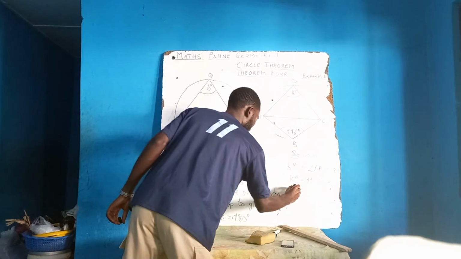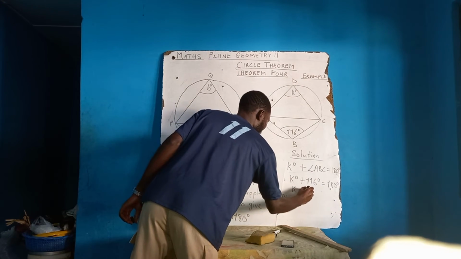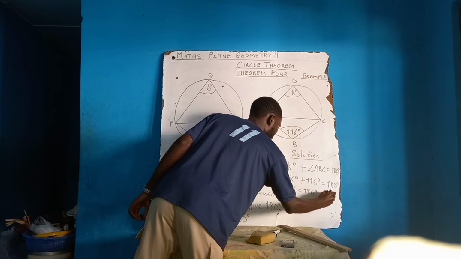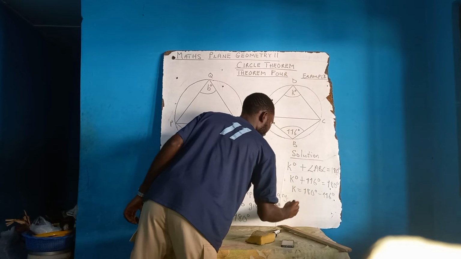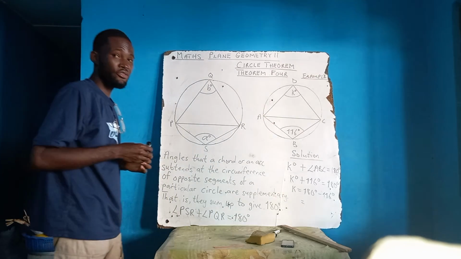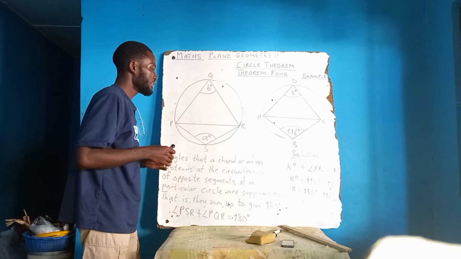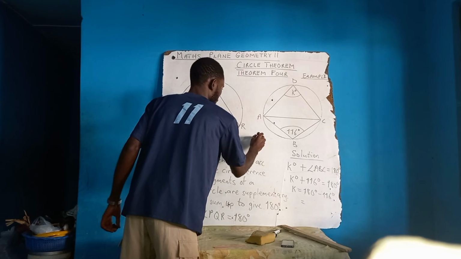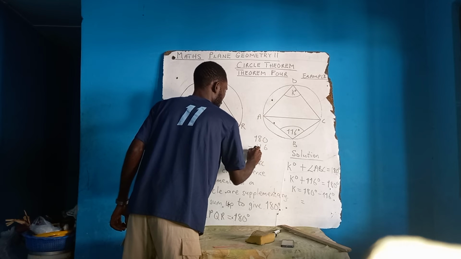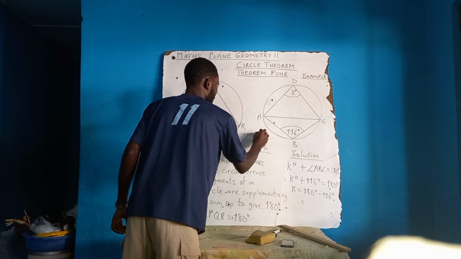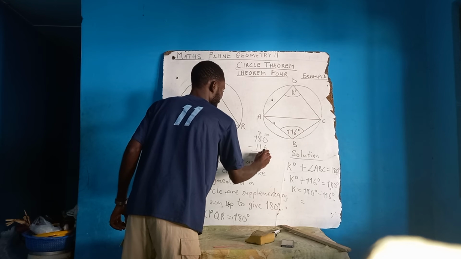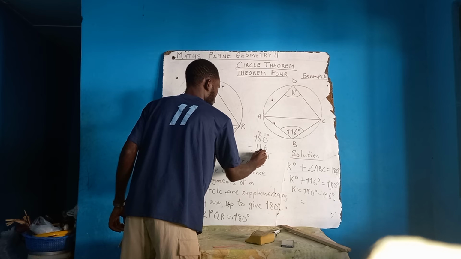So we make K the subject, and then we have 180 degrees minus 116 degrees. So we have our usual subtraction: 180 minus 116. We transfer, so we have 7 here, 10 here. So 10 minus 6 is 4, 7 minus 1 is 6, and 1 minus 1 is 0.